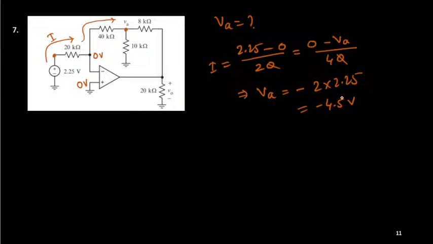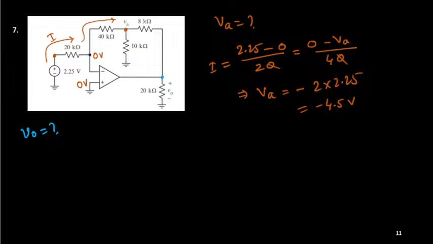Now the next task is to compute V naught. So what will be your V naught? Let us find out. For this V naught, I can simply take KCL here. It will become very simple.